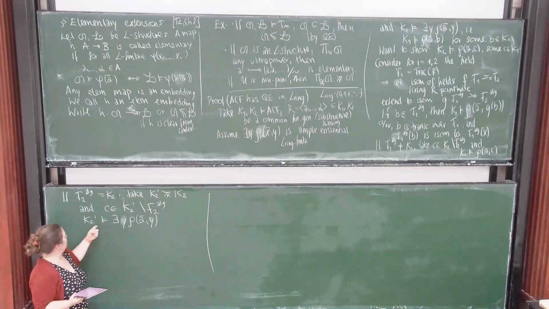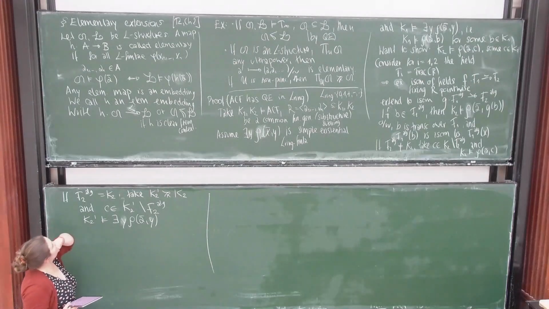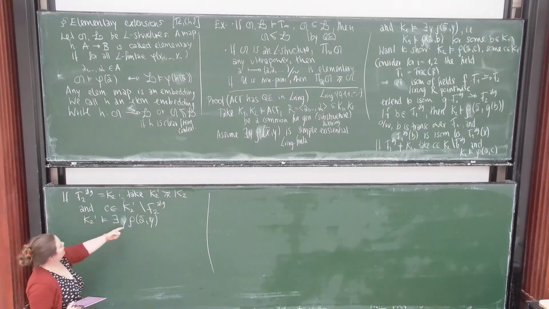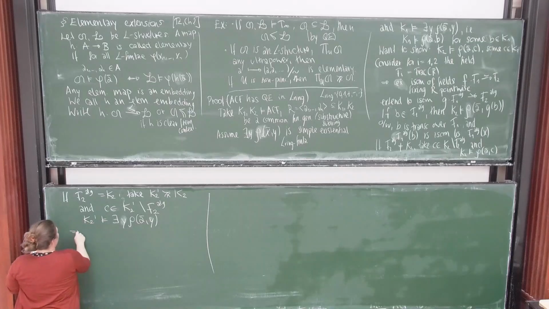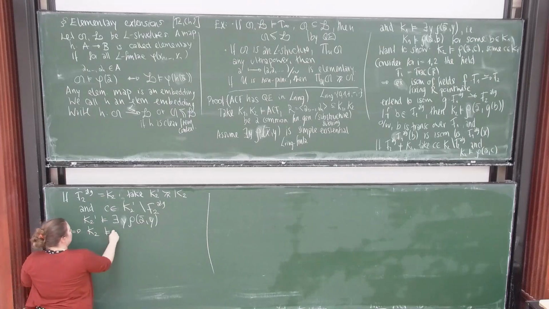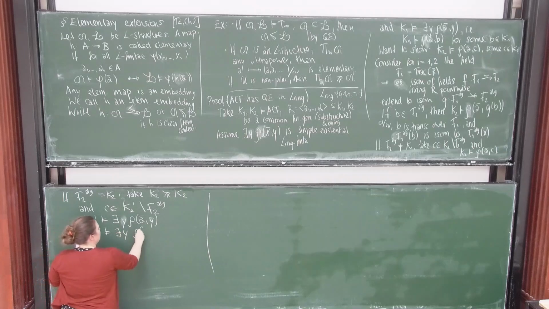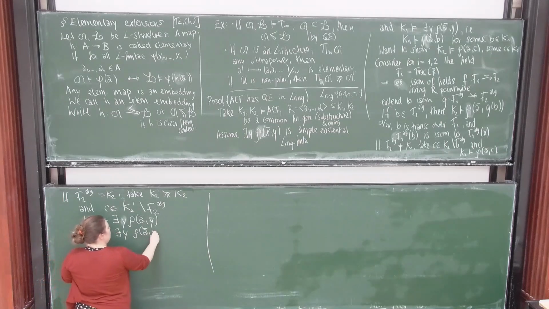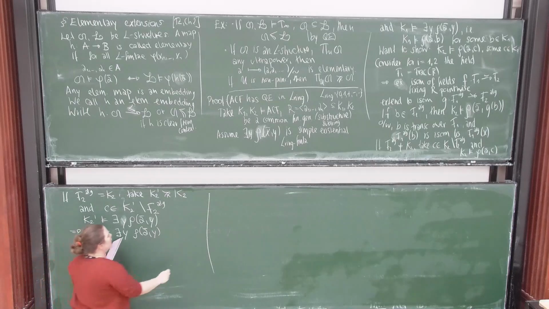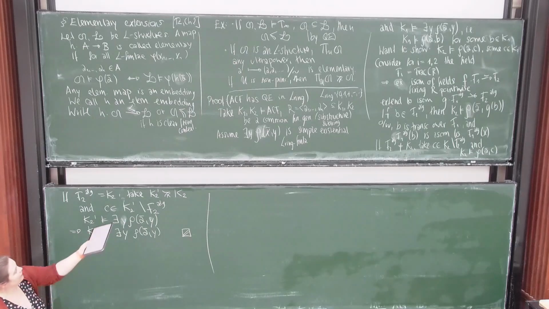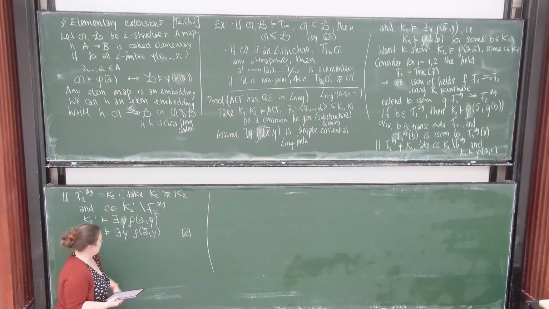But now K2 prime is an elementary extension, and this tuple A bar lives in the small field K2, so the same holds in K2. And so K2 satisfies my simple extension formula with A bar plugged in.